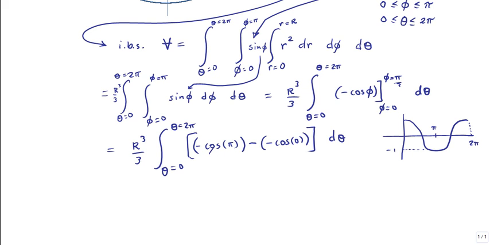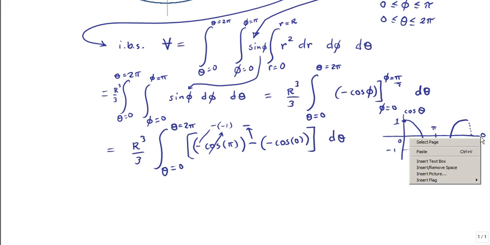So we get a minus from this term times a minus 1 for the cos of pi, minus that minus, and cos of 0 is just 1.